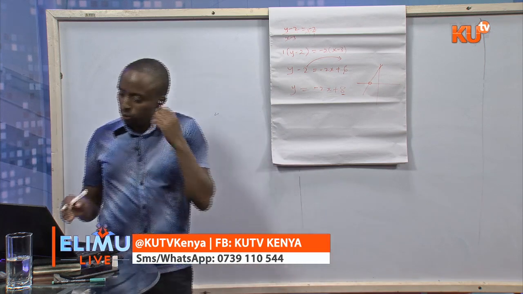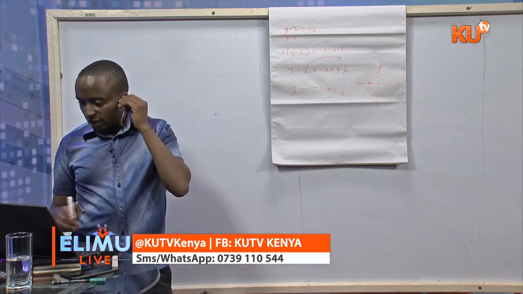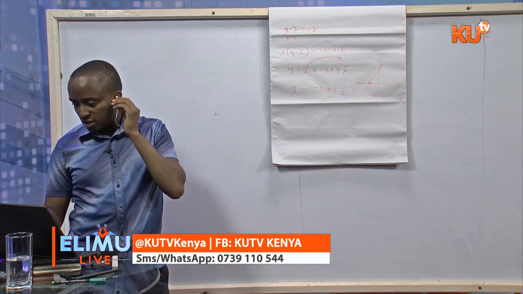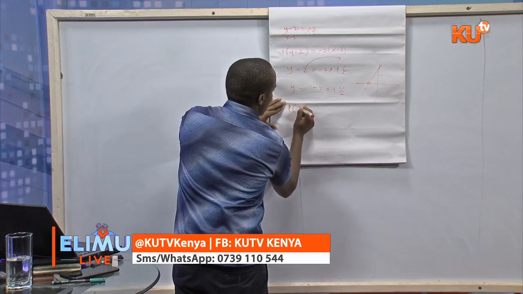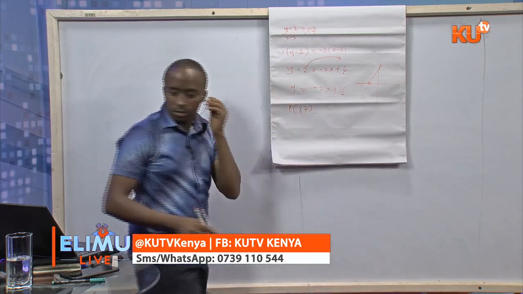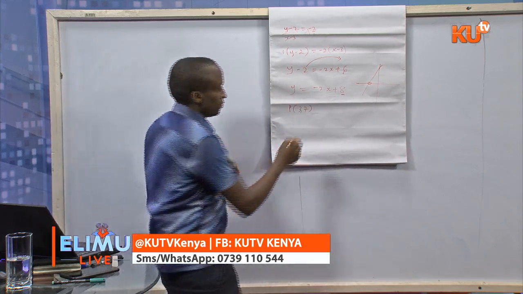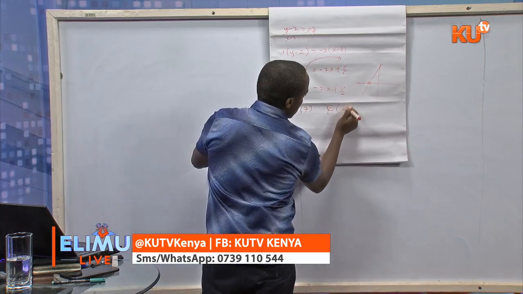So let us do another example. To find the equation of the line which passes through point P, which is (3, 7), and point Q, which is (6, 1).